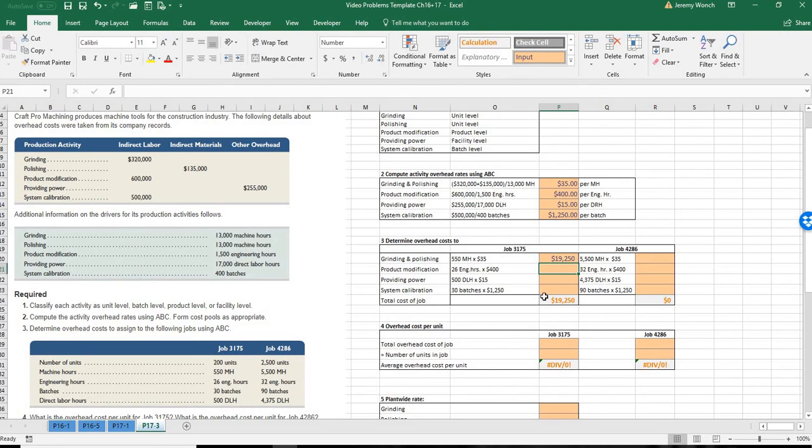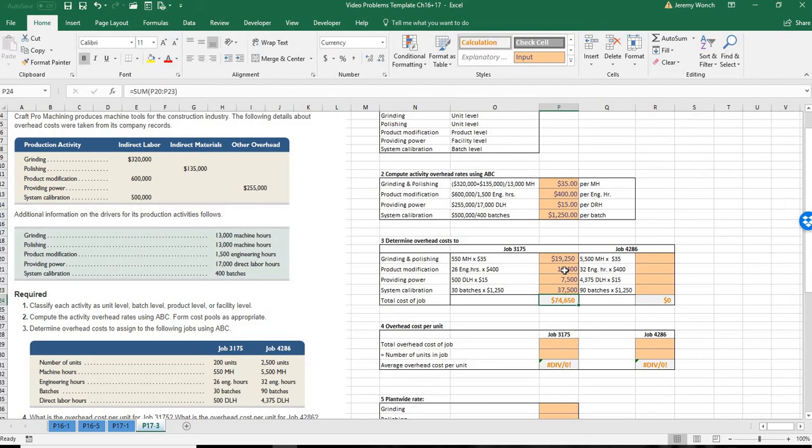Product modification involved 26 engineering hours at $400 per engineering hour. Providing power, they used 500 direct labor hours at $15. And system calibration, they did 30 batches at a cost of $12.50 per batch.